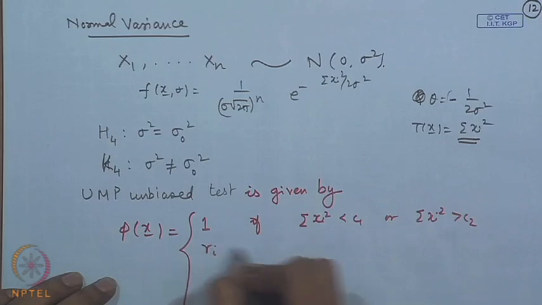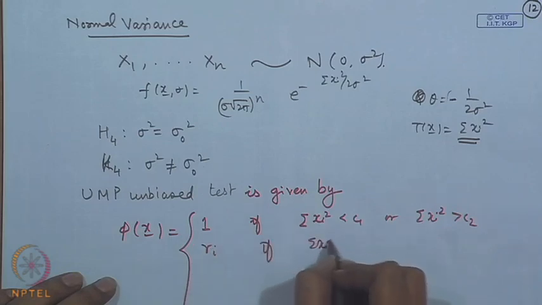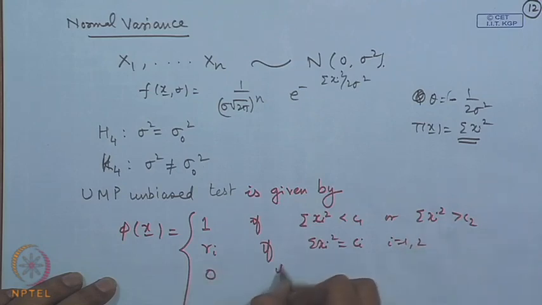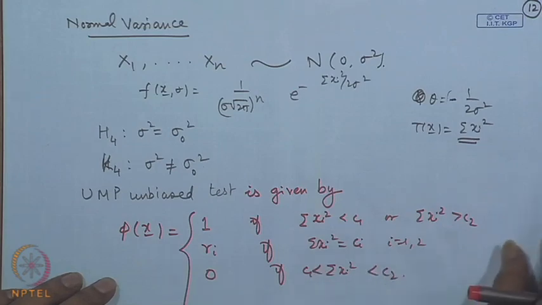It is equal to gamma i if sigma x i square is equal to C i, i is equal to 1, 2. It is equal to 0 if sigma x i square lies between C1 to C2.